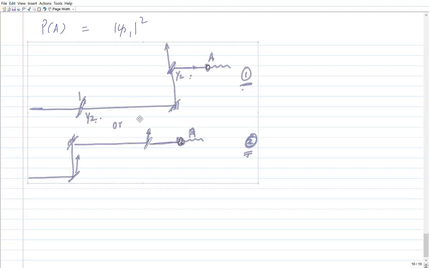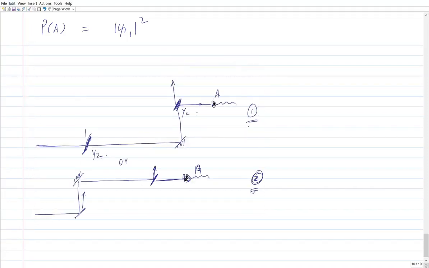So doing it more explicitly, the probability of event A was psi 1 squared plus psi 2 squared plus psi 1 psi 2 star plus psi 2 star psi 1. Sorry, this should be 1 and this is 2 over here. So we were happy thinking that, okay, we got 1 over 4 plus 1 over 4, and this was the only thing we calculated.